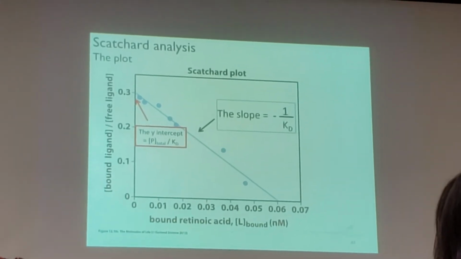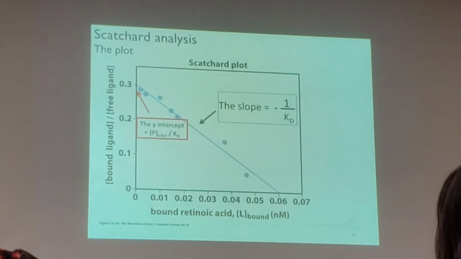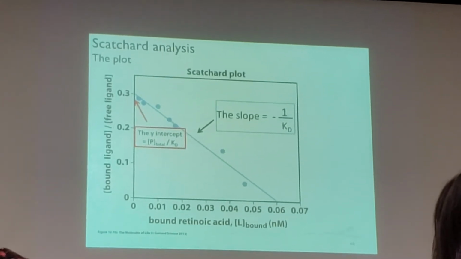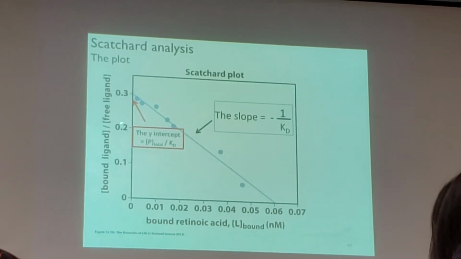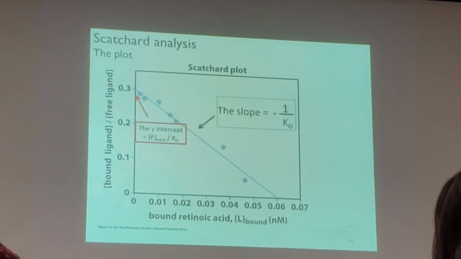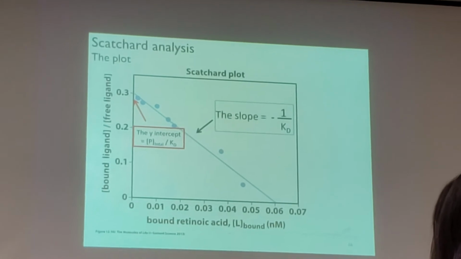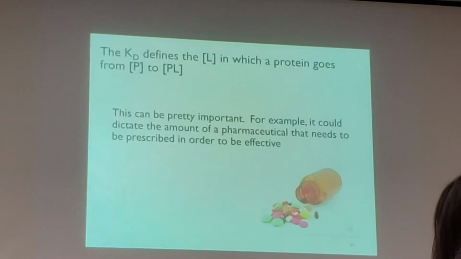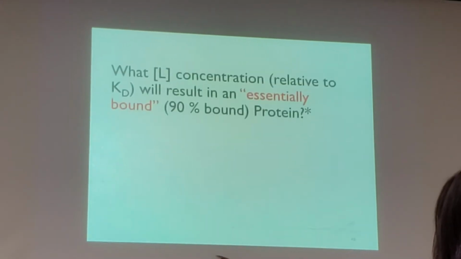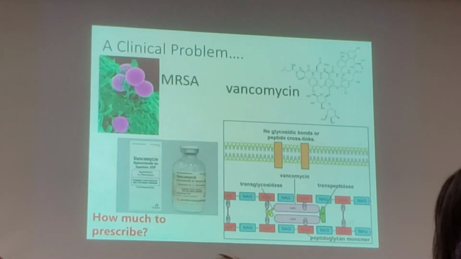So let's say we had a lysate with millions of proteins and I have no idea what the receptor concentration is. I can do binding titrations and figure out how much receptor is in there. That's really useful. All right, so here's the question I want to give you guys.